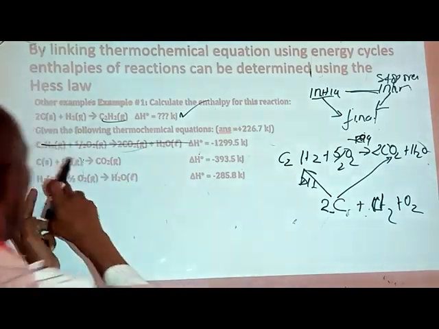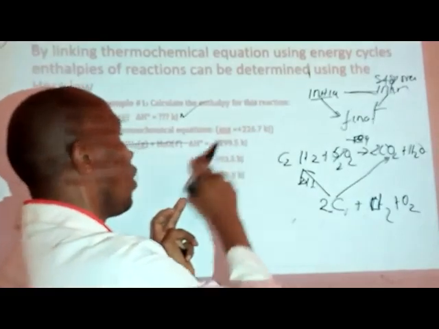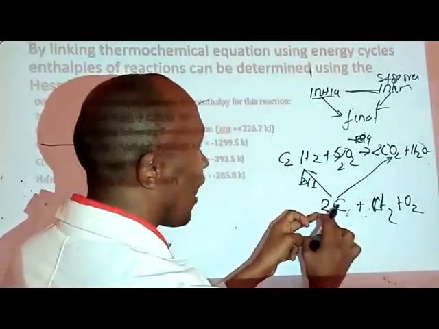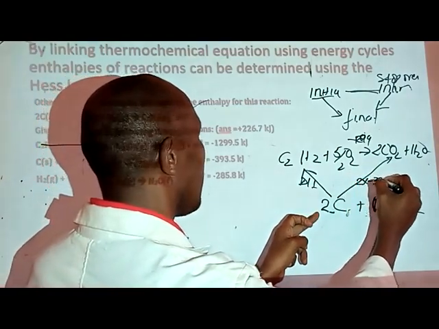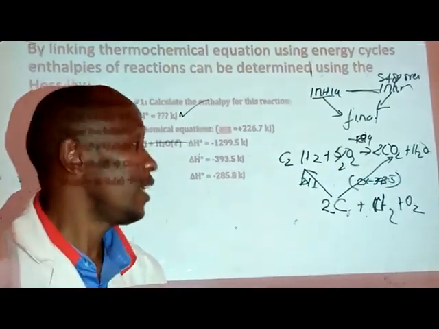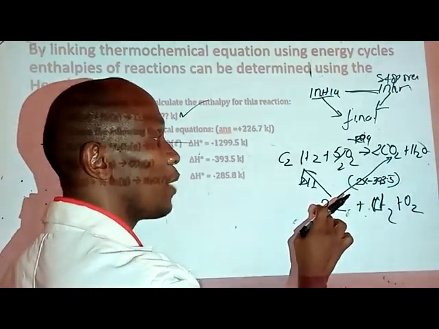Now note that this reaction is the molar enthalpy of combustion of carbon, so for 1 mole of carbon. But I have 2 moles of carbon, so this is going to be 2 times negative 393.5. It has to be, because whatever I have is for 1 mole.